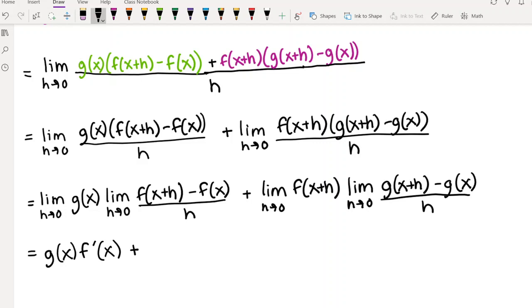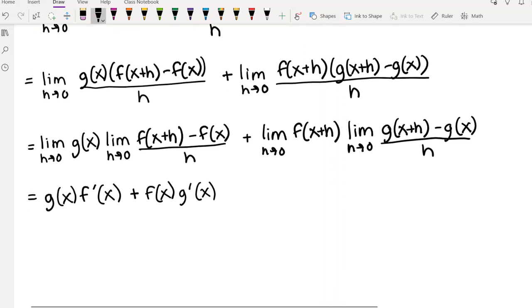And then the limit as h approaches 0 of f of x plus h, well, typically when we're doing the limit as h approaches 0, we have some issues that we have to simplify, stuff like that. But if it's just f of x plus h, you can just plug in h equaling 0 because there's nothing that becomes undefined in that case. So that just becomes f of x. And then as we just said, that second part is g prime of x.